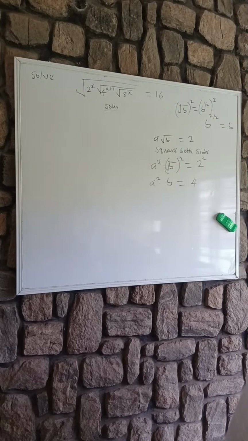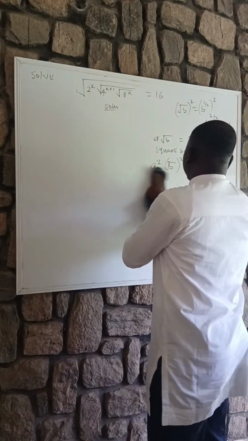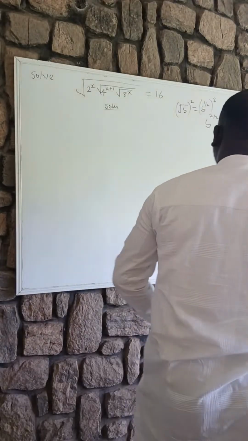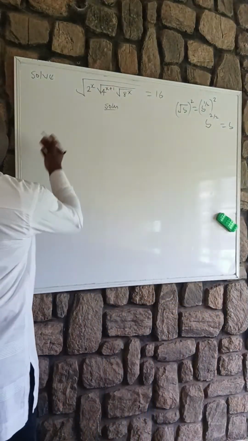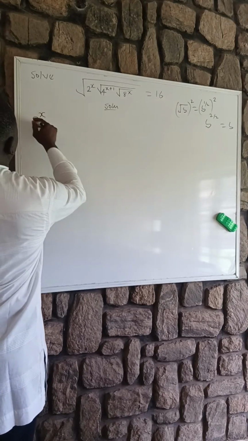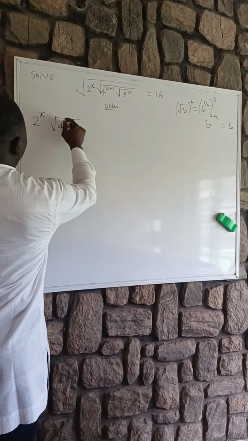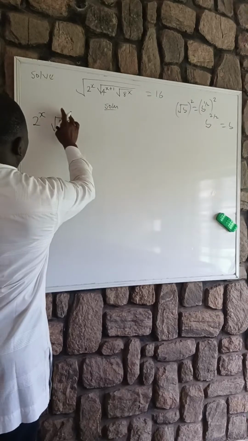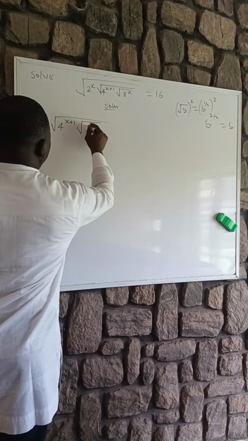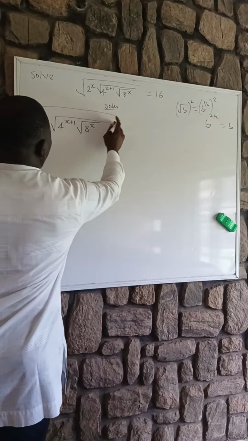Okay, so let's go ahead to solve this question. If you agree with me, here is the question. Square root of 2 raised to the power x, square root of 4 raised to the power x plus 1, times square root of 8 raised to the power x, all in a square root, equals 16.